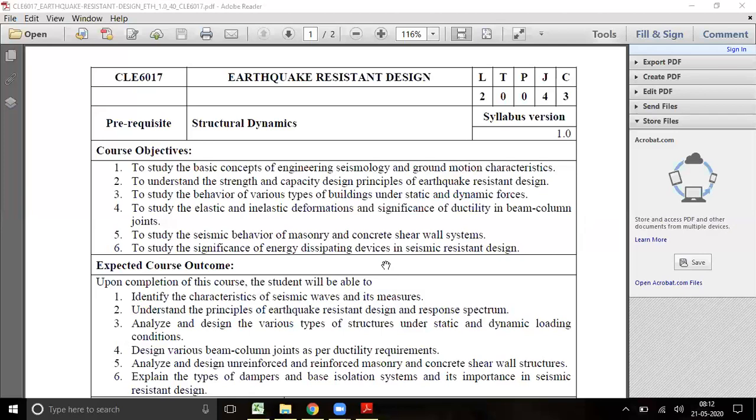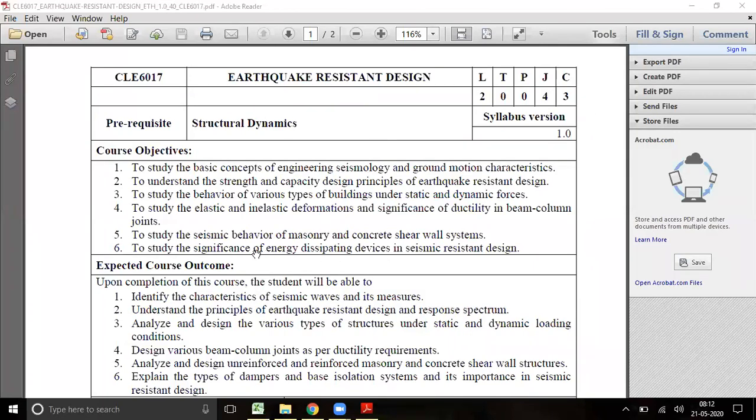In case of dampers and base isolation devices, dampers can be provided anywhere inside the building. But base isolation should be provided at the base of your structure, between the foundation and the structural level.